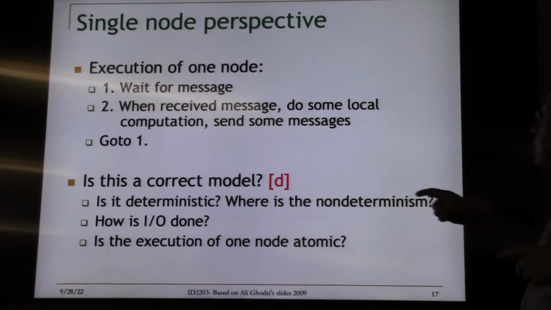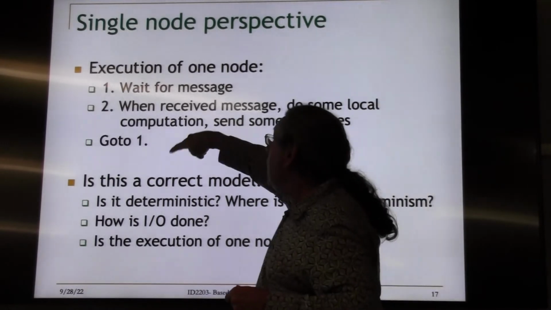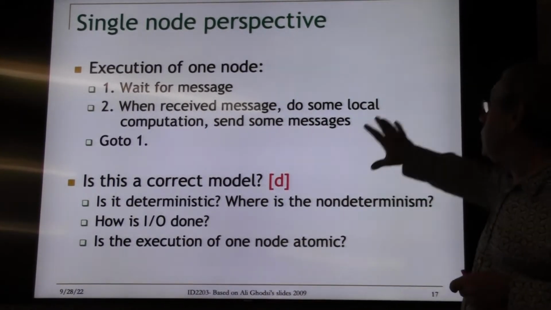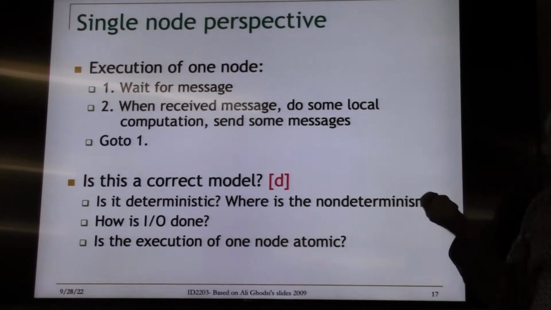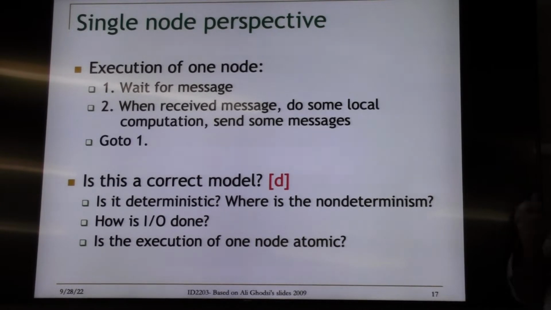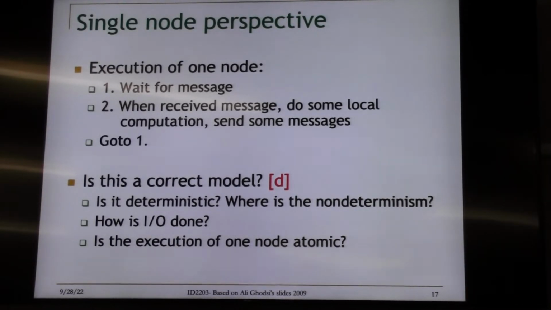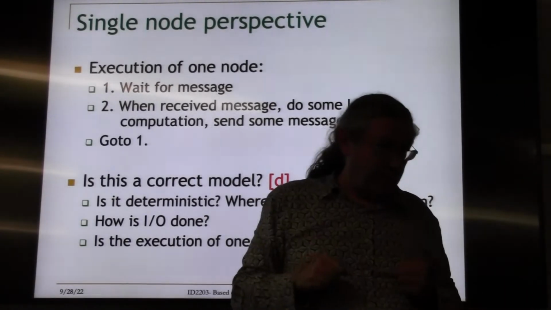A local node, this local computation, as we have seen, is purely deterministic, and this is a sequential loop. So there's no non-determinism here. The only non-determinism is the time when you receive the message, the travel time, which can vary. So that's how this model decides to understand the world.